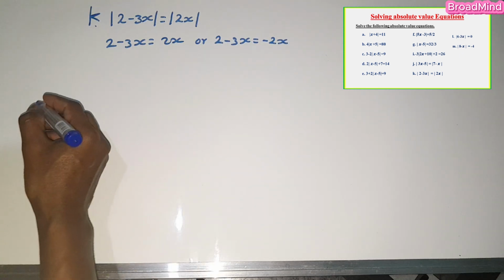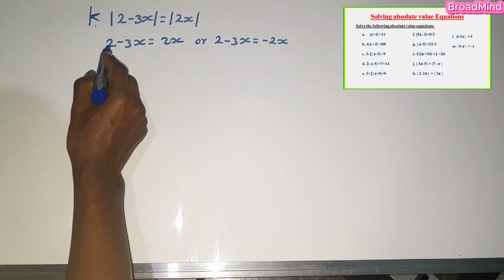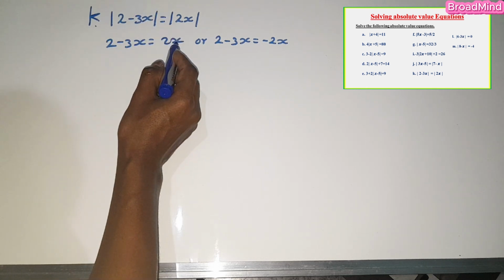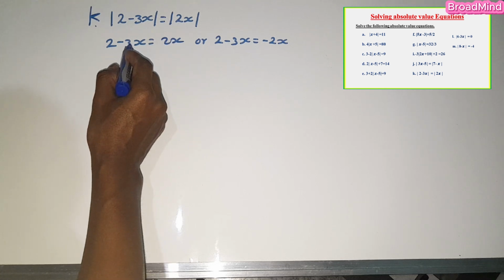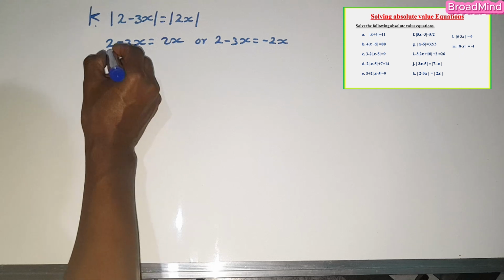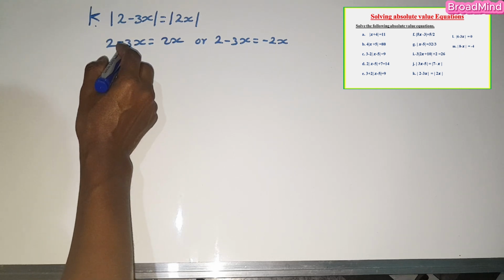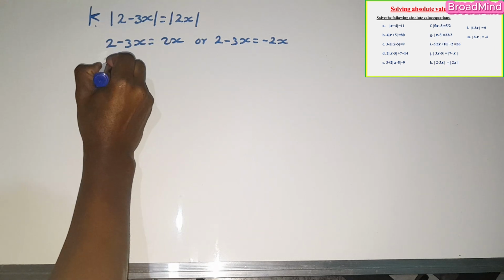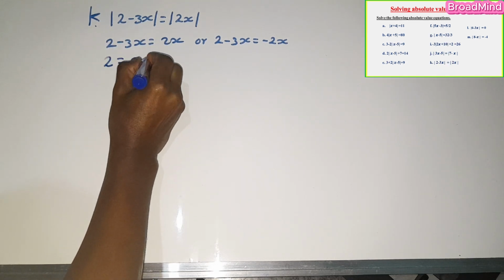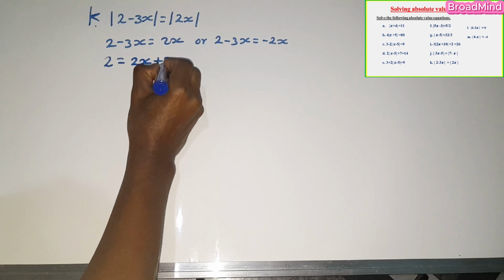Now collect like terms. You can take 2 here, or you can take negative 3 here, no problem. The answer is the same. But the easy way is taking this negative 3 to here. 2 is equal to 2x plus 3x.